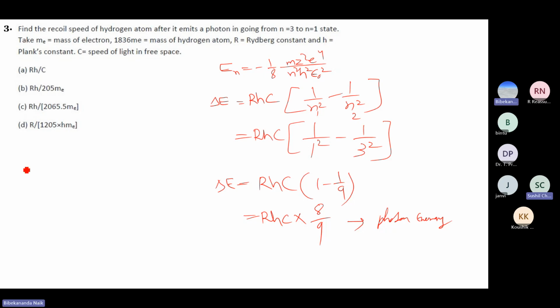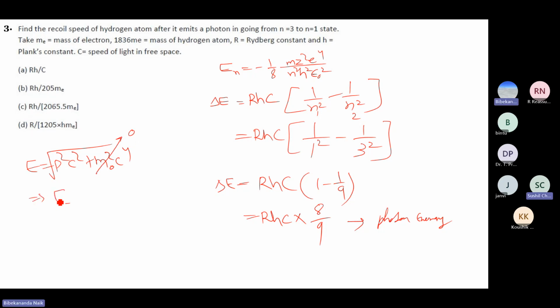Then we know there is a relationship between energy and momentum. E squared is p square c square plus M0 square c to the power 4. Here M0 is the rest mass, and for photon, the rest mass is 0. So this term is 0.